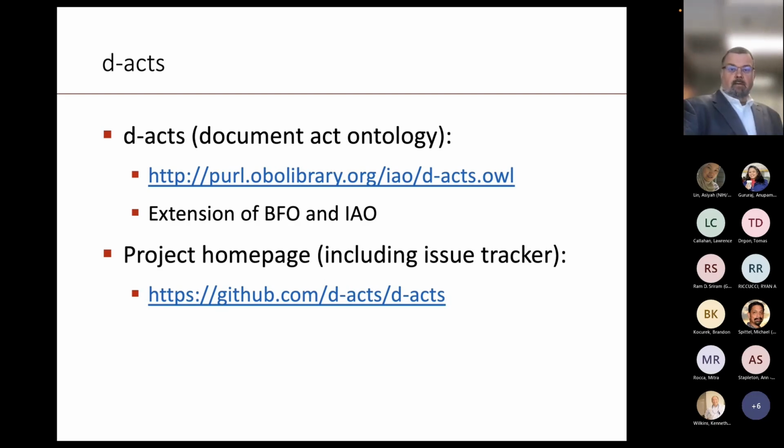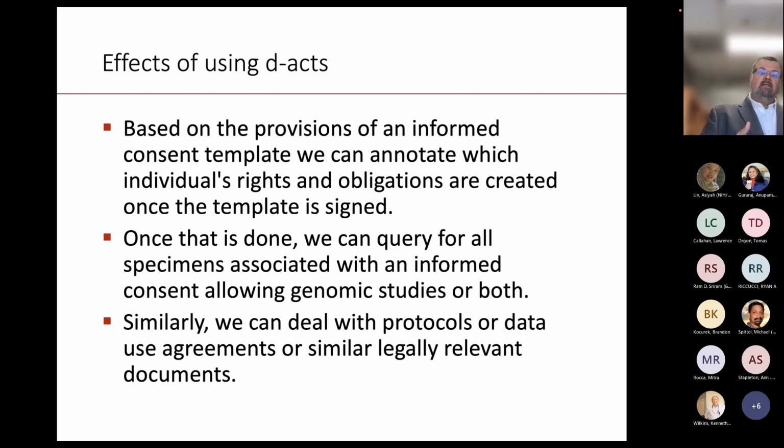The effect of using DActs here is that we can specify the rights and obligations that are created once the forms are signed. We can now represent different tiers of consent for each consent process and say what a person consented to, who has the right to do specific research with that, to represent restrictions to those rights where applicable, and so on.